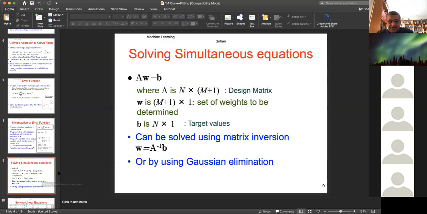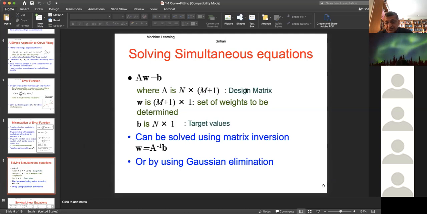And basically, after you set up on the previous slide all the simultaneous equations, you end up with a matrix formulation of the simultaneous equations that looks like this. A is n times m plus 1. This A is a newly set up matrix which consists of n rows corresponding to the n data samples, and the columns correspond to the m plus 1 parameters.